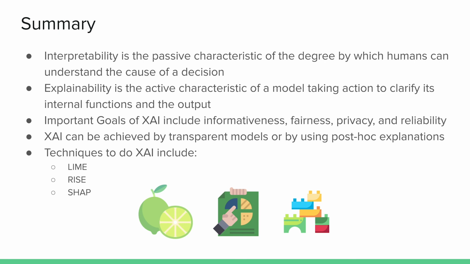The most important goals of explainable AI include informativeness, fairness, privacy, and reliability. And you remember there are also some other goals, but those are, I think, the most important ones. Explainable AI can be achieved either by having a transparent model, using something that is intrinsically explainable, like a decision tree that we can understand quite easily and simulate, or by using some post hoc explanations.